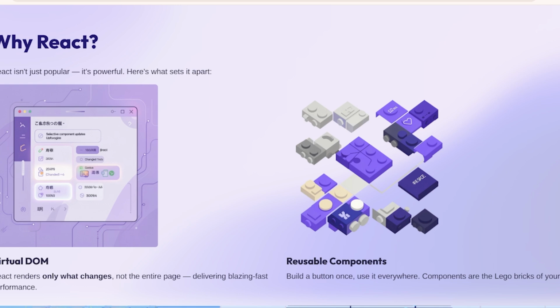Why is React popular? Nowadays all developers use React as a front-end library. So why is React popular? React has many powerful features. We can see them one by one. It uses a virtual DOM for better performance. DOM means Document Object Model.